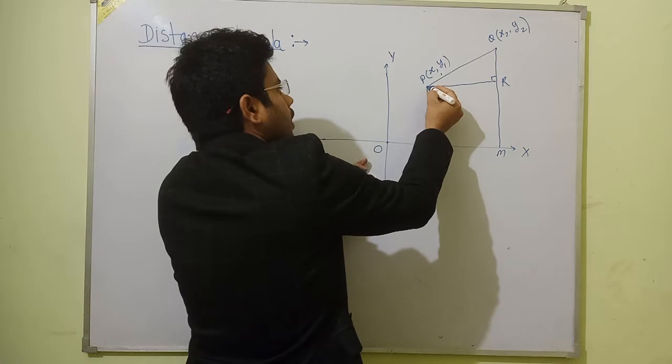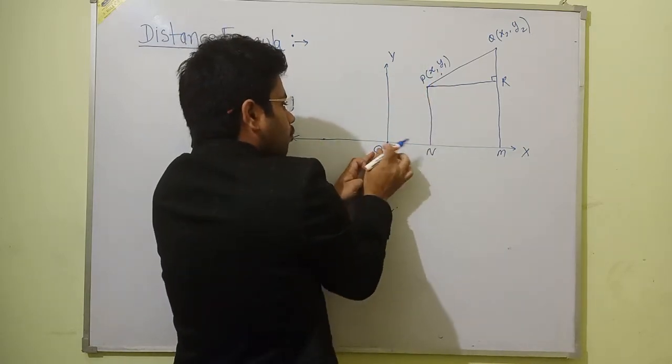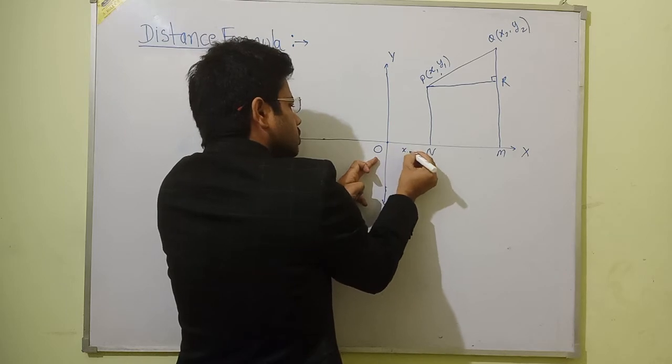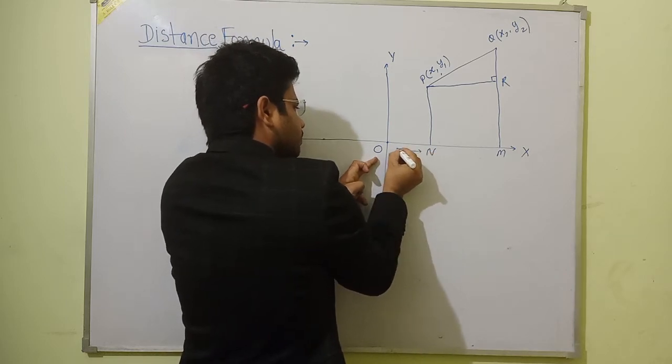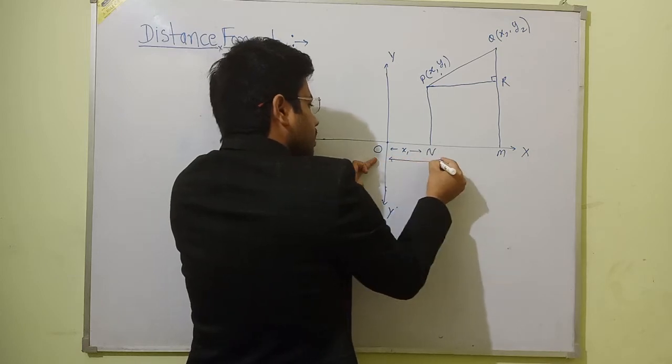If the coordinates of P are x1, y1, then from O to N this distance will be x1, and from O to M this distance will be x2.